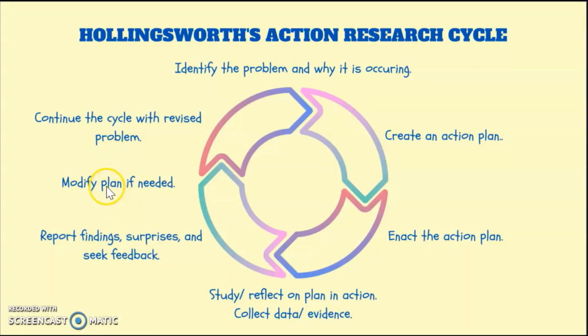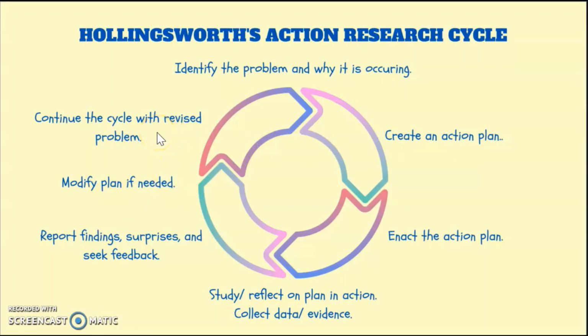So earlier, I told you what happens if the action plan or the course of action doesn't work initially. You modify the plan if needed, and then continue the cycle with a revised problem.